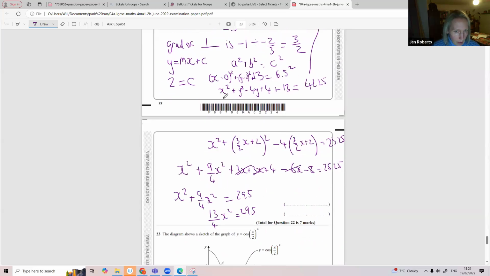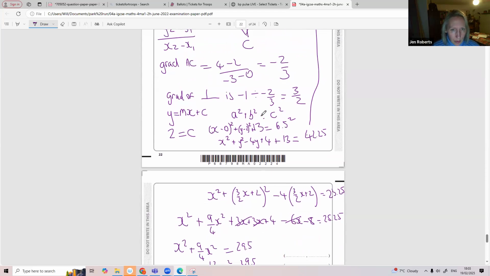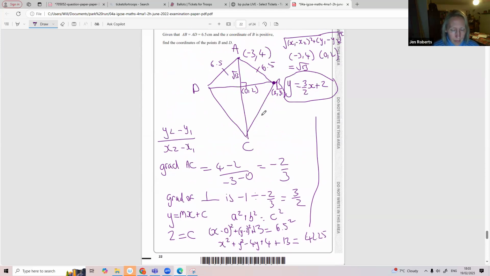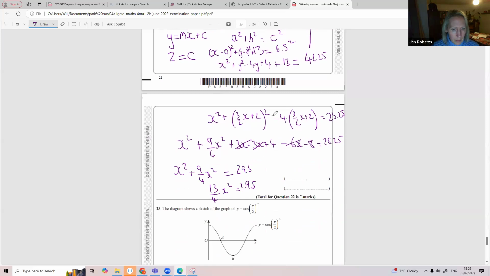Right, so I've got x squared. It should be 2 minus y, not y minus 2. No, it shouldn't. That should be fine.